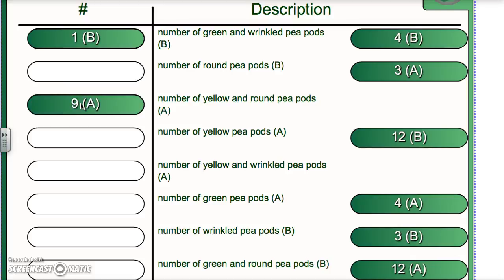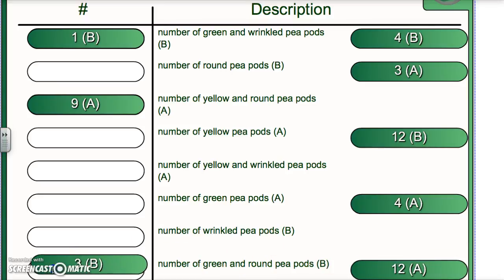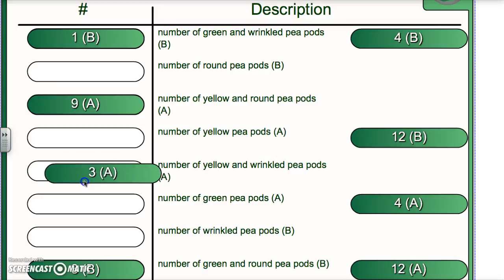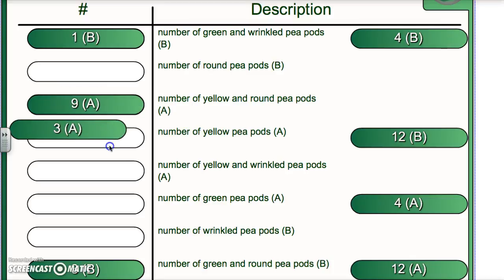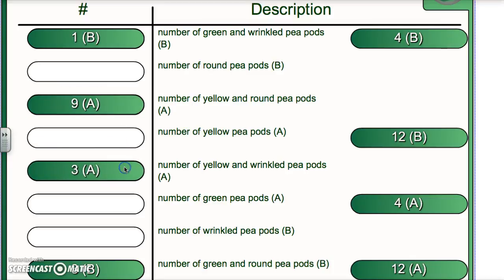Now we're going to look for the 2 threes. So we're looking for one dominant and one recessive trait. So we've got a recessive and a dominant trait here. So 3B, here we go. And we've got a dominant trait and a recessive trait. So we've got this 3 right here. And again, I would not be guiding this, it would be students guiding this.